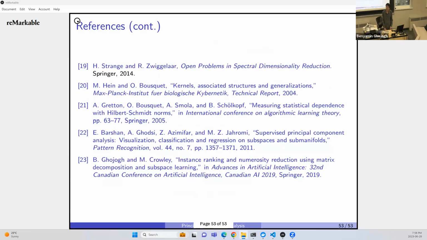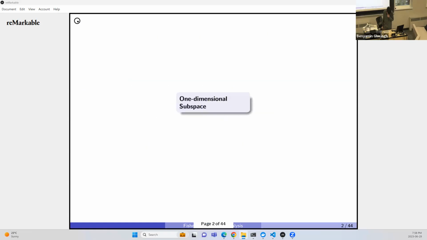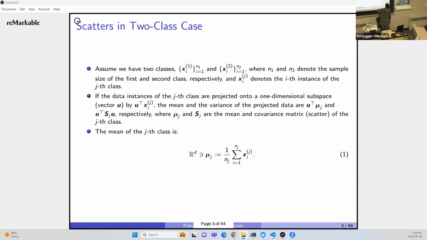Okay, now let's go to FDA, Fisher discriminant analysis. One-dimensional subspace first. Fisher discriminant analysis is a supervised dimensionality reduction method, okay?